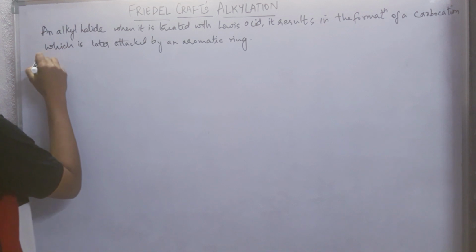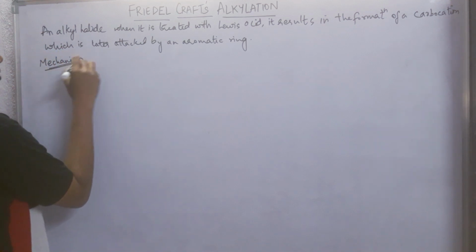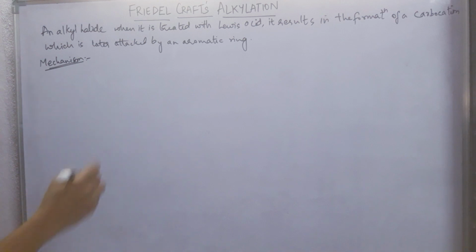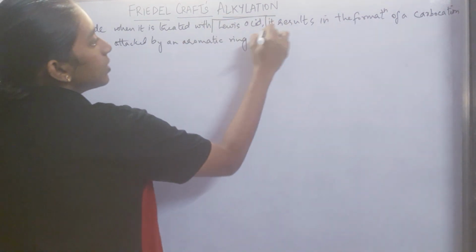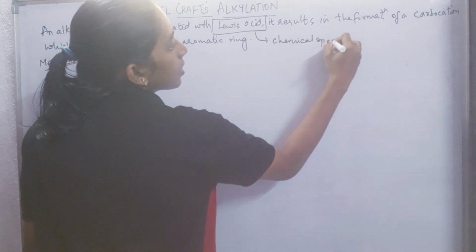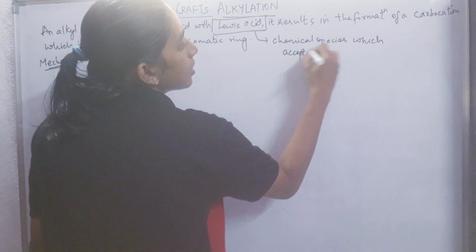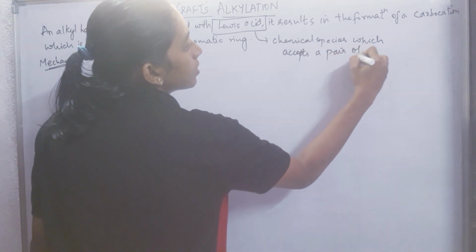So first of all, we'll see the mechanism. In this, Lewis acid is nothing but a chemical species which accepts a pair of electrons.